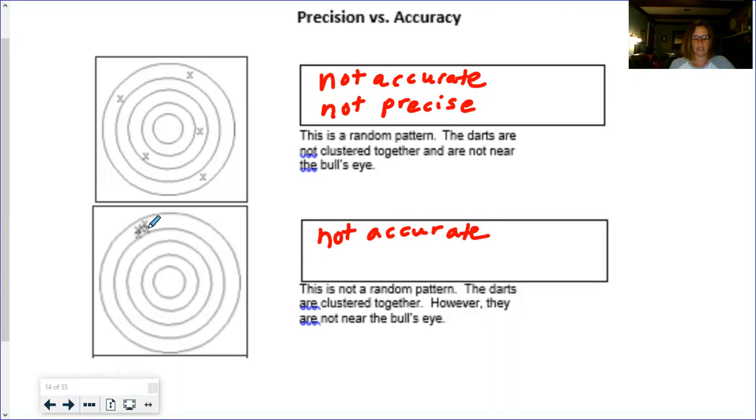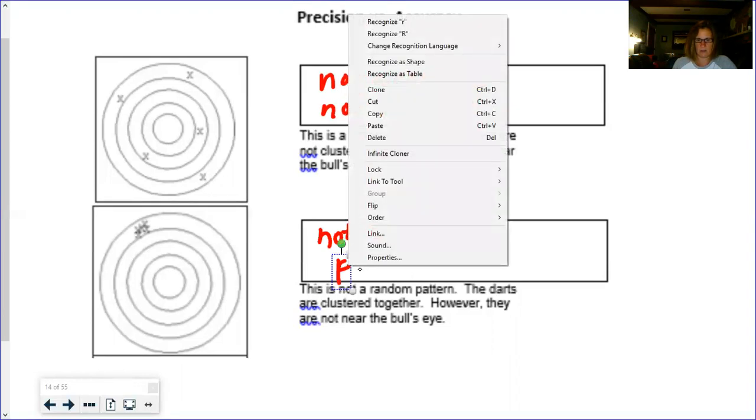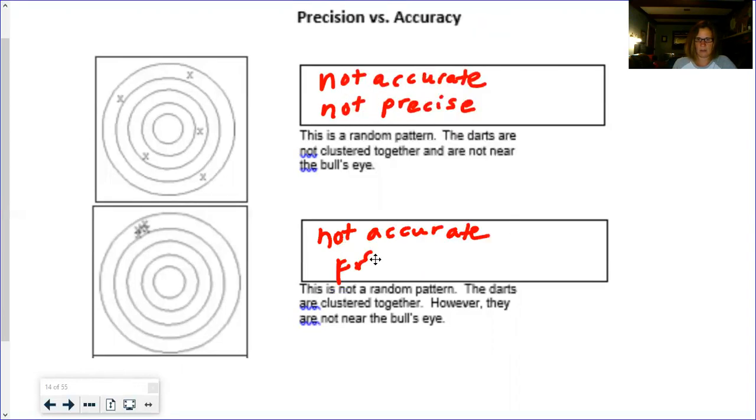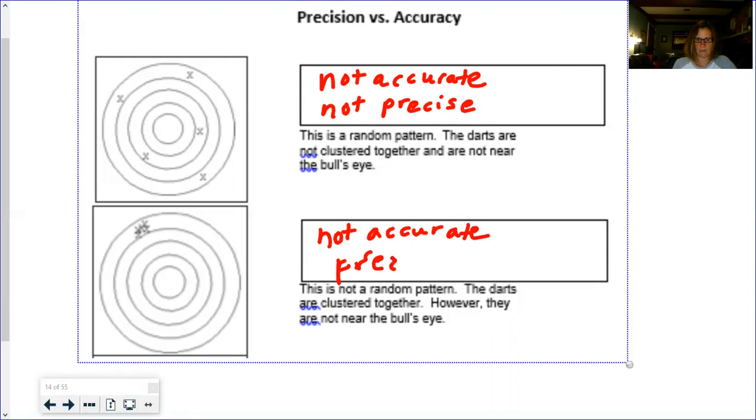So that demonstrates a precision to the data. Though this data is not accurate, it's not hitting the bullseye, it is precise.